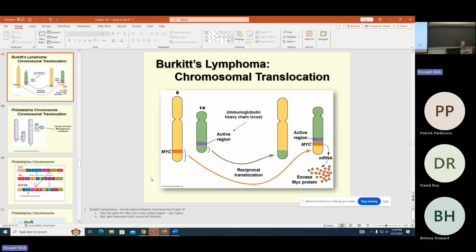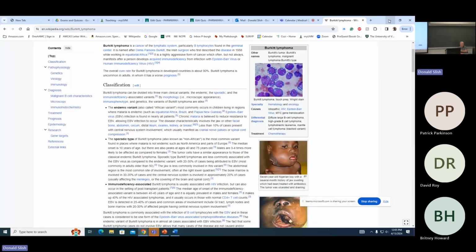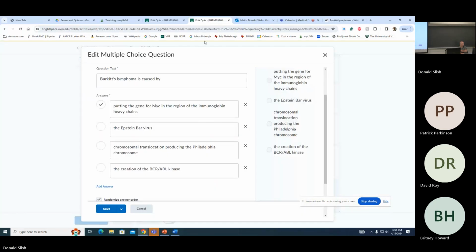Yeah, and Epstein and Barr worked with Burkitt in Africa on that project. So yeah, let me look into this. Maybe this, I don't know, it's in the textbook. Usually textbooks are not the cutting edge. So let me look into that. You're probably right. So I should probably give everyone credit for that who did either one, right?